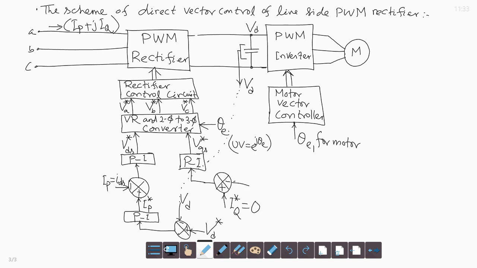Then IQS is subtracted from that, and the IQ error is passed to a PI controller to generate VQS star. Then we have to generate IDS, IQS and theta E.